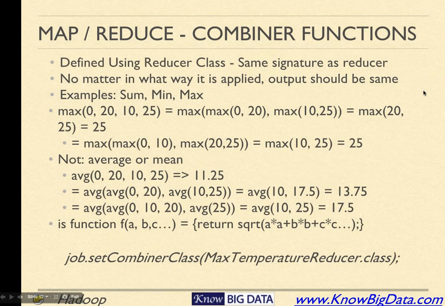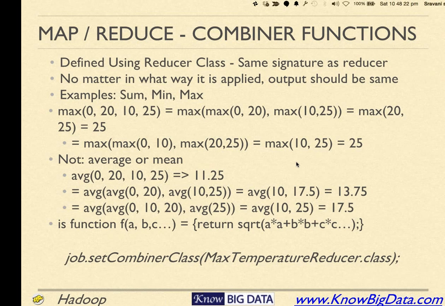Whether this function called max is applied on all four values in a single shot, or first max was applied on 0, 20, and max was applied on 10, 25, and whatever is the result is given to max again, no matter how our max function is applied on these four values, the result will always be the same, whether we take 0, 10 first or 20, 25 first and then apply max, or we compute the max of these three values first and then again apply max on the rest of the values.